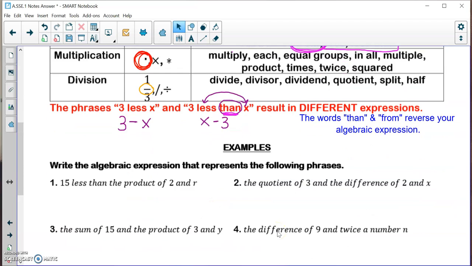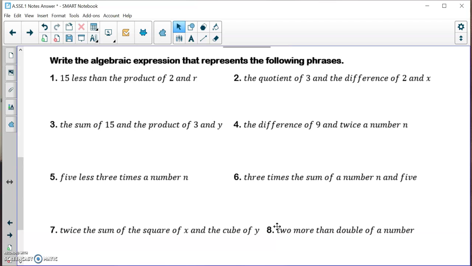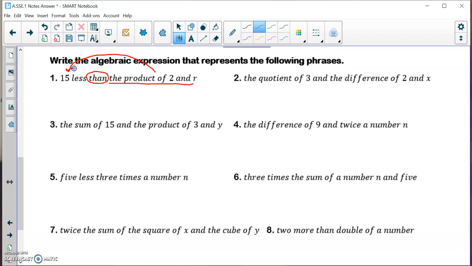All right, so now we're going to get into actually writing statements based off of these word phrases. And we're going to do these together. So 15 less than, I see this word than, that means that I'm going to do the product of 2 and r before I do the 15 less.